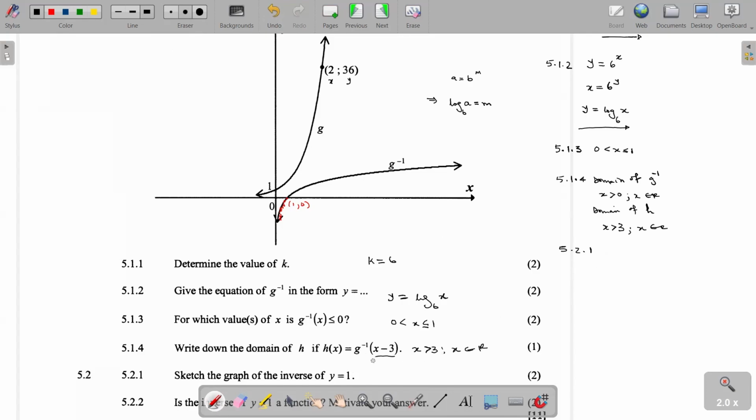For the inverse, we just interchange x and y. So where there is y, we put x, and the inverse is x equal to 1. If we sketch that graph, here is our x-axis, here is our y-axis, our origin, and x equal to 1 is a vertical line. It's just a vertical line.